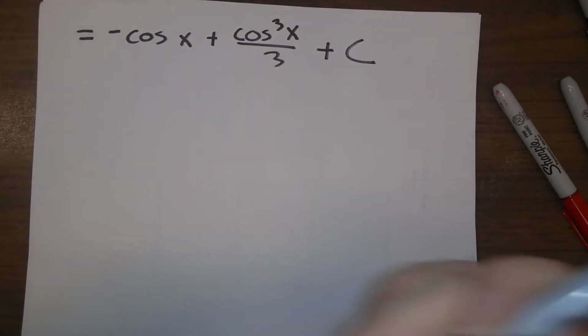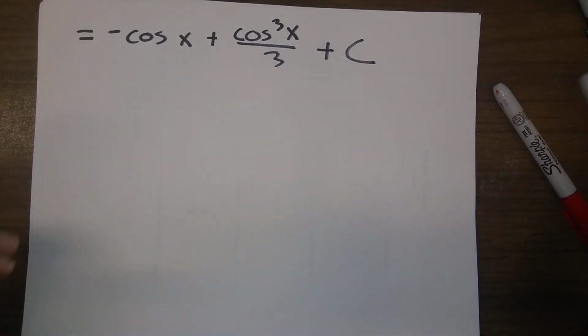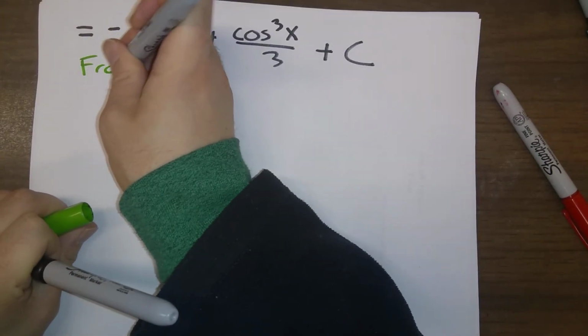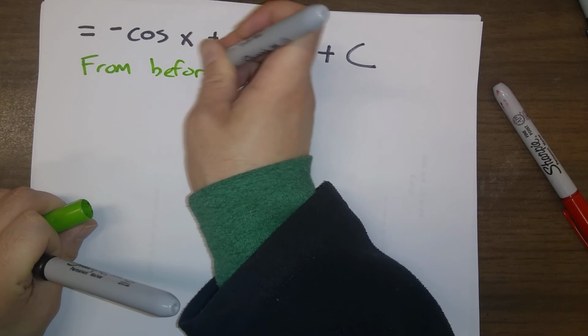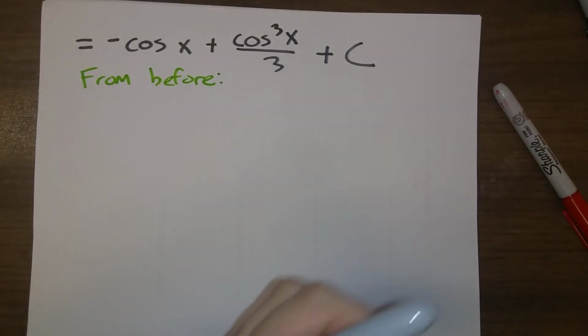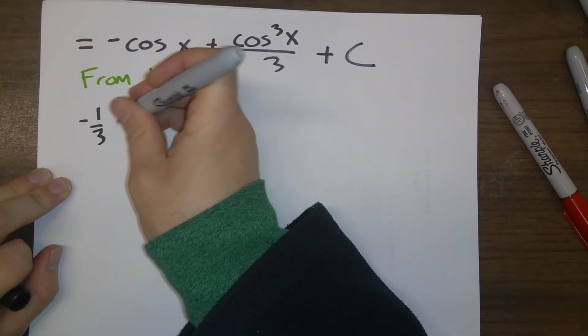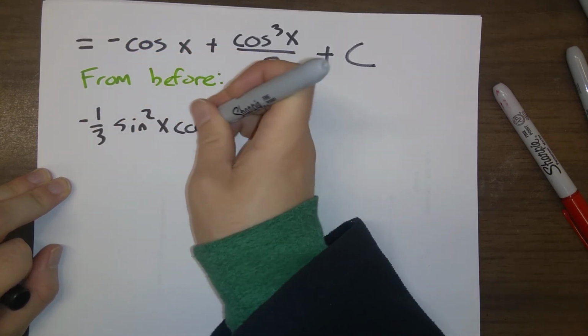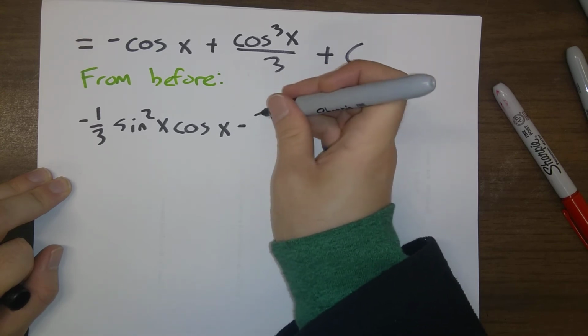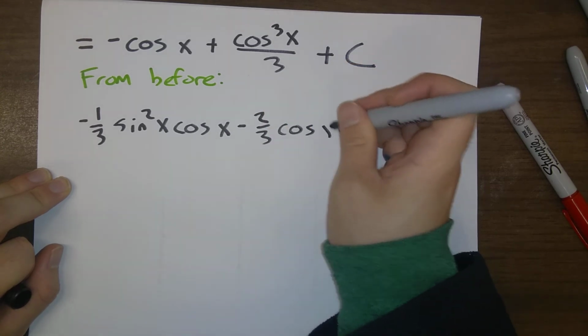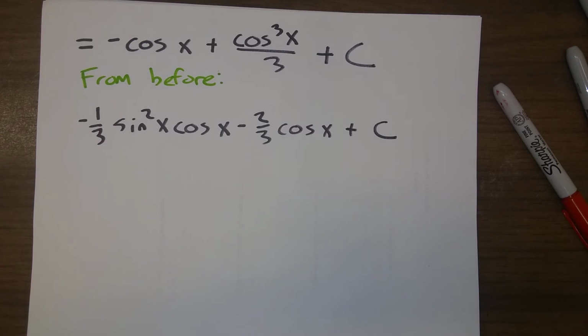From before, we ended up with minus 1/3 sine squared x cosine x minus 2/3 cosine x plus c. So this looks different than what we had. However, we can actually see that these two are the same.